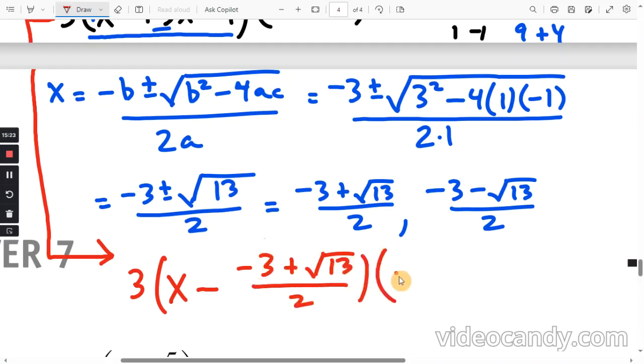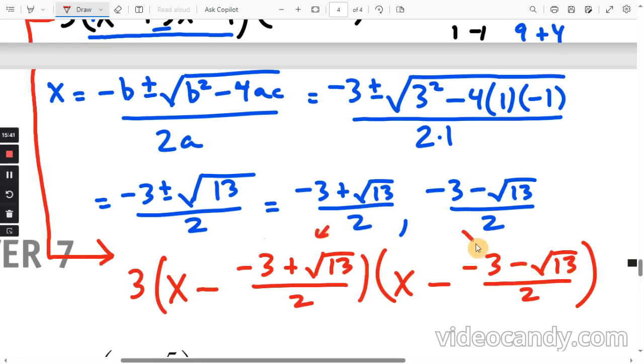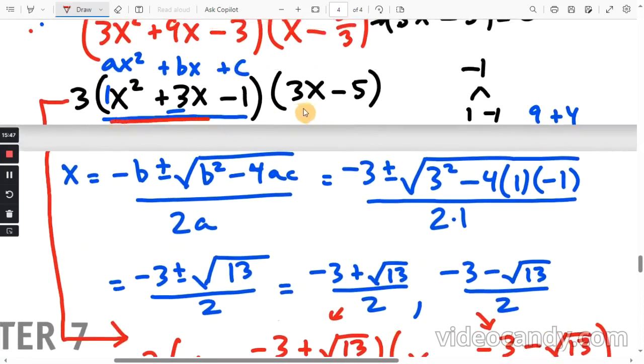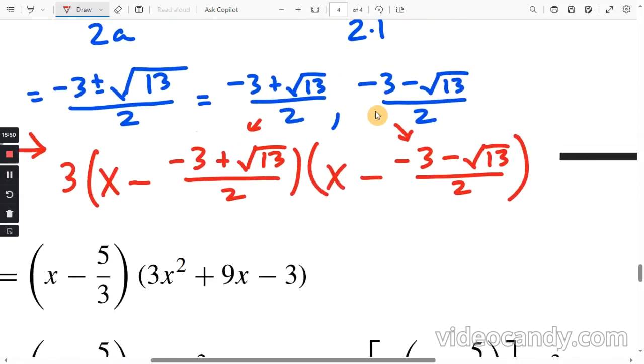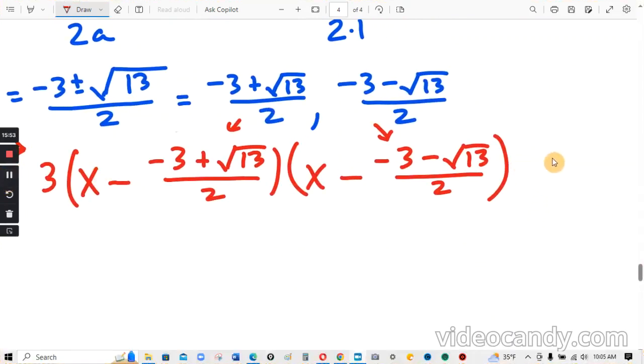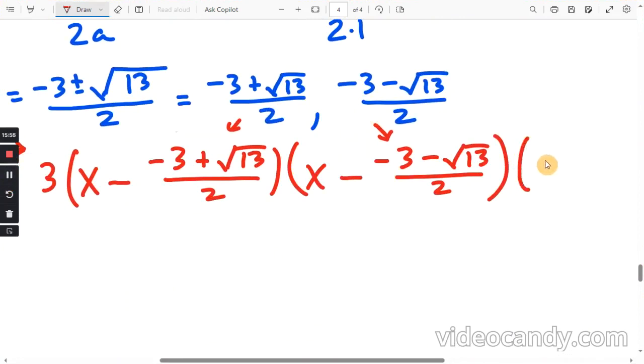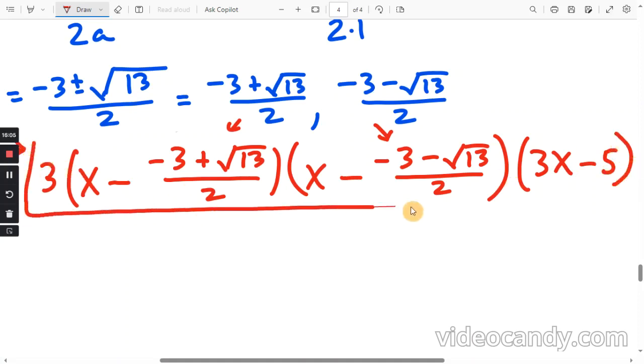And the other one's going to be x minus this one, negative 3 minus radical 13 over 2. Remember, these are the zeros. So you're subtracting each one of these from x. All right, that's this part right here. And the only thing left over is the 3x minus 5. And that is your final answer. That's the factored form.